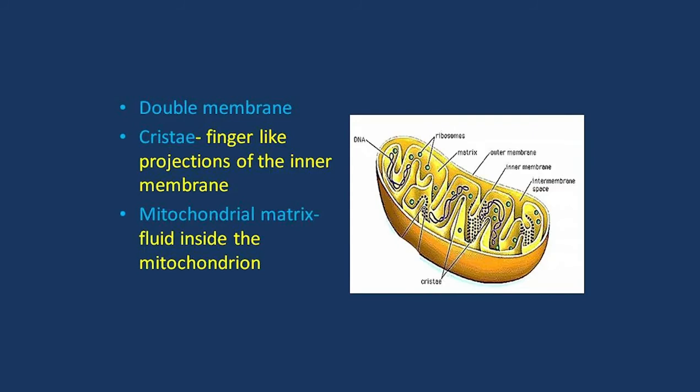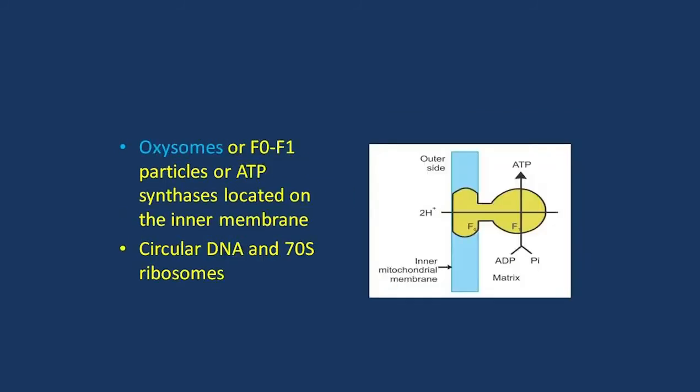The fluid inside the mitochondrion is called mitochondrial matrix. Oxysomes, or F0, F1 particles, or ATP synthase, are enzymes which synthesize ATP, which are located on the inner membrane. In the mitochondrial matrix, there is a circular DNA and 70S ribosomes.